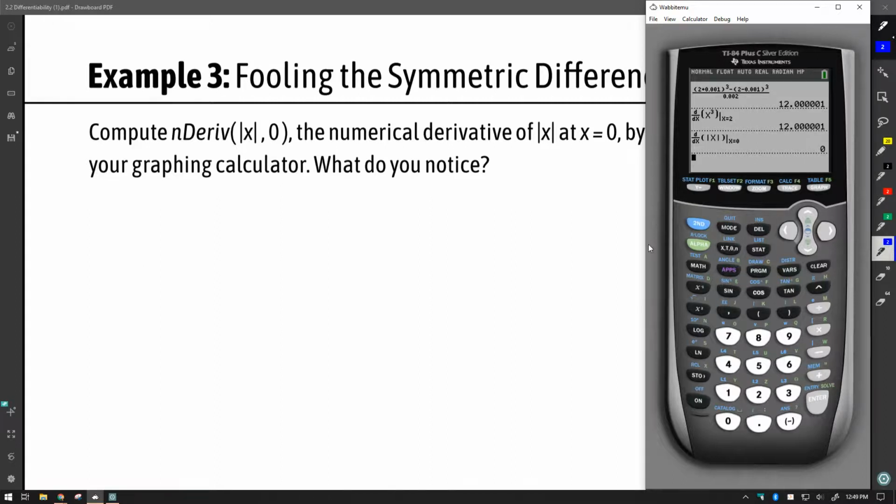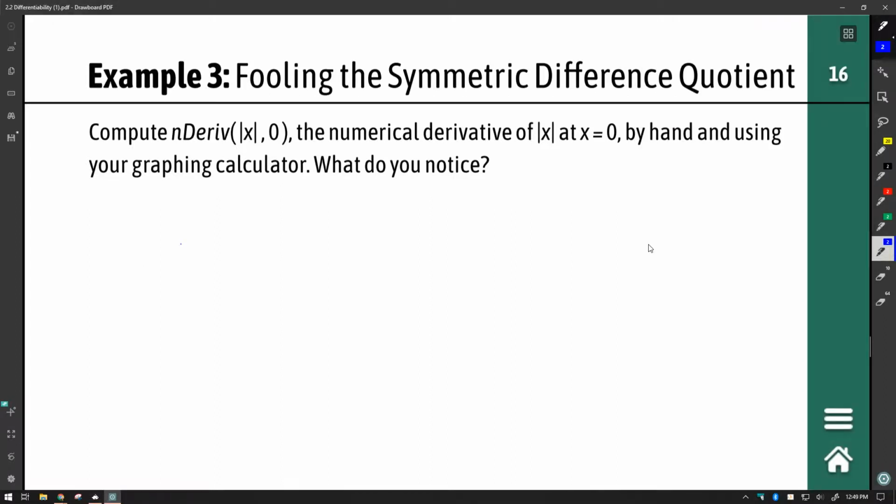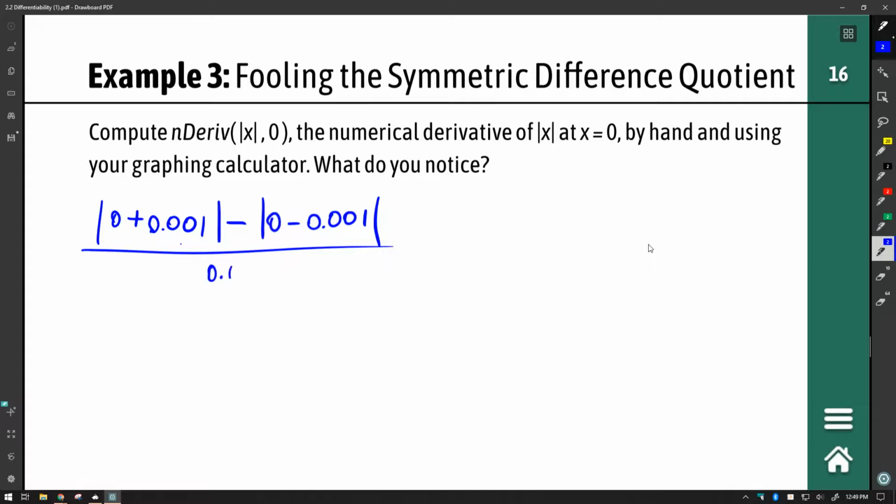So what happens if we try to calculate it by hand? Well, we would have the absolute value of 0 plus 0.001, minus the absolute value of 0 minus 0.001, and then this is over 0.002.